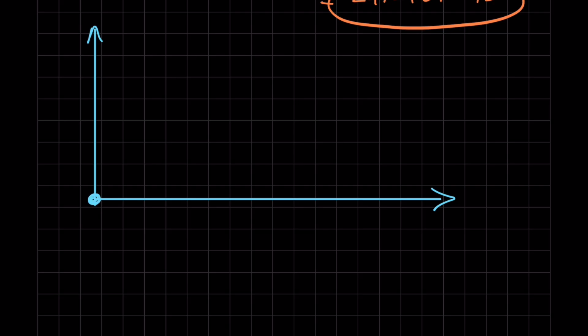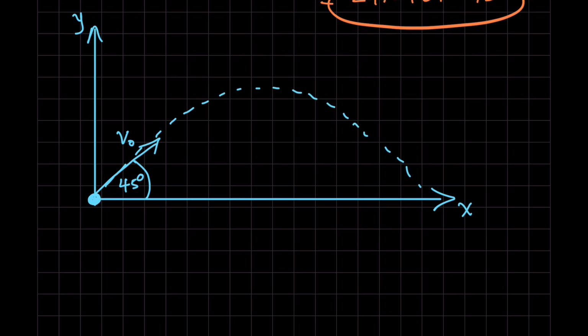So let's have our ball right there. We still have that initial velocity at 45 degrees. Here's our x as before, here's our y as before, and we expect the ball to travel kind of like that, right?